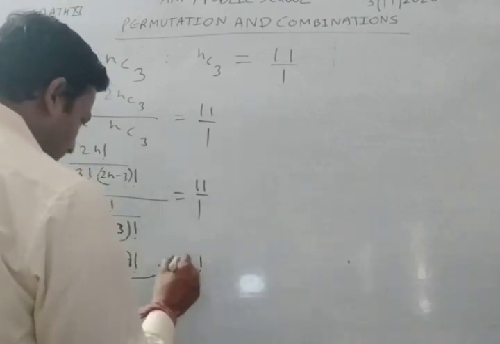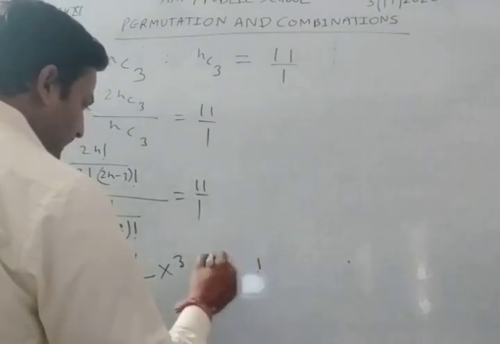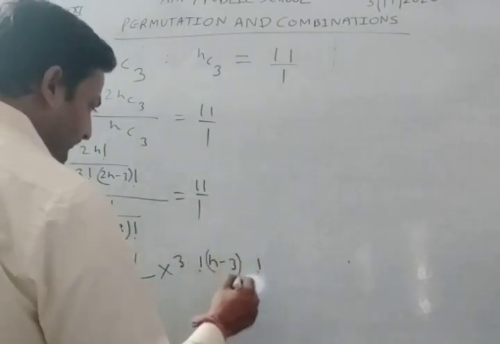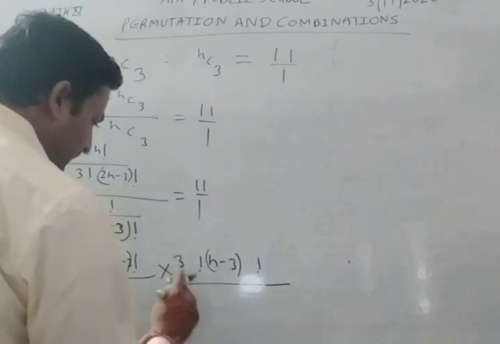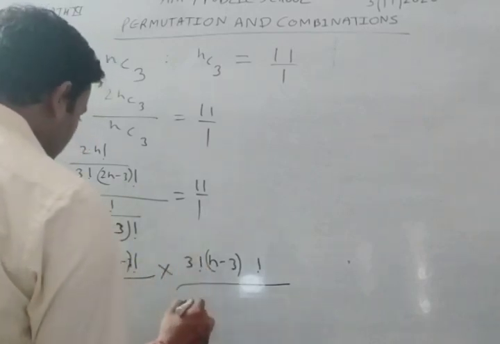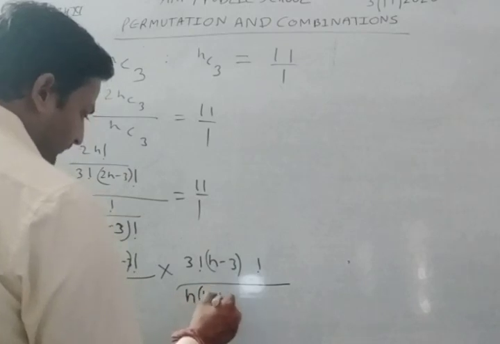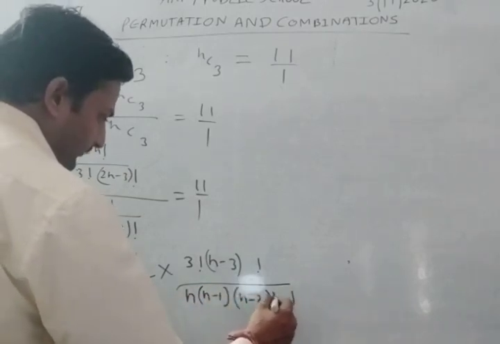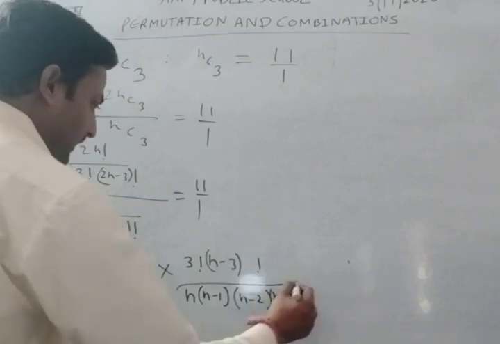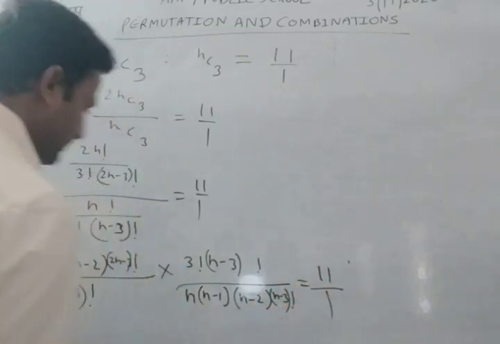We get factorial 3 factorial n minus 3 divided by this factorial n. We are going to write this as n, n minus 1, n minus 2, factorial n minus 3, equal to 11 by 1.